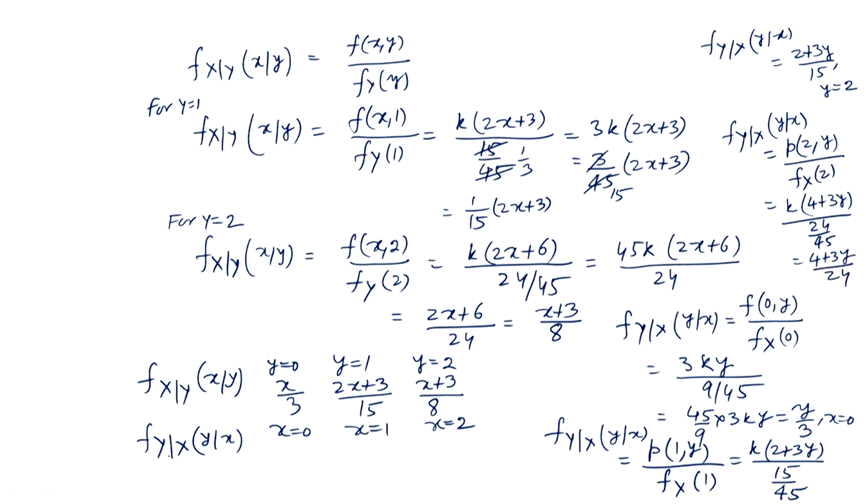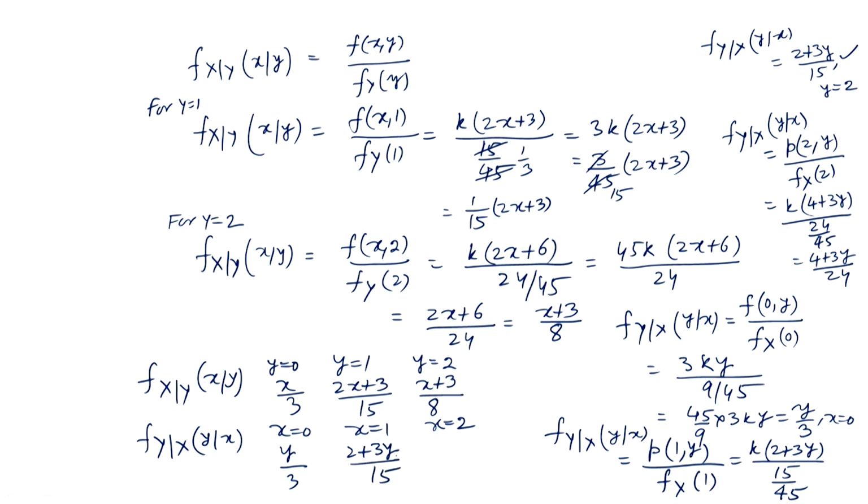So, f y given x we find for x equal to 0 to be y by 3, for x equal to 1 it was 2 plus 3y by 15. Okay.